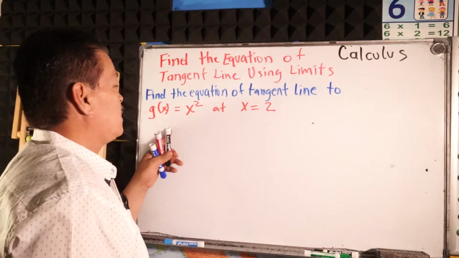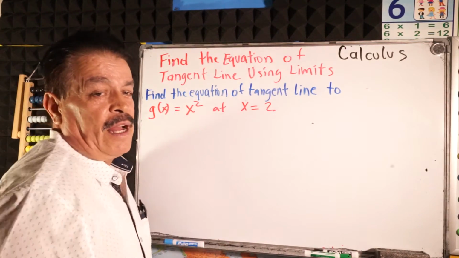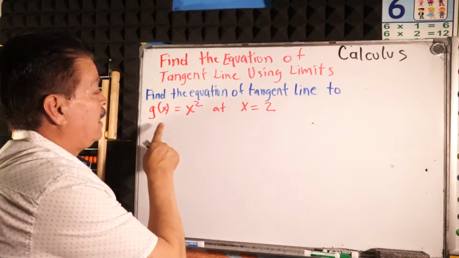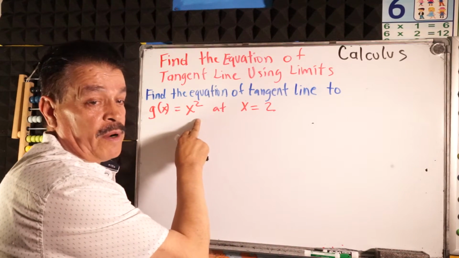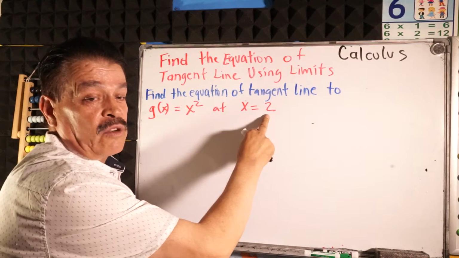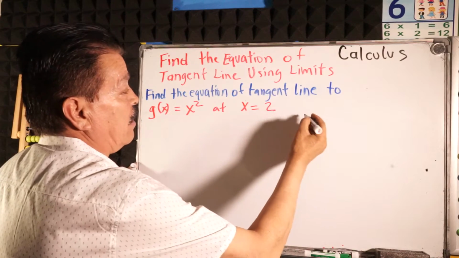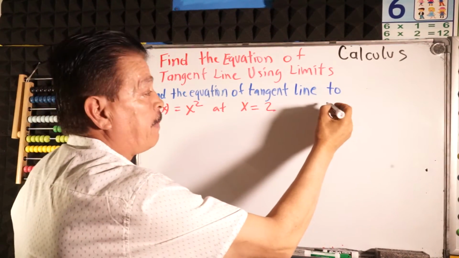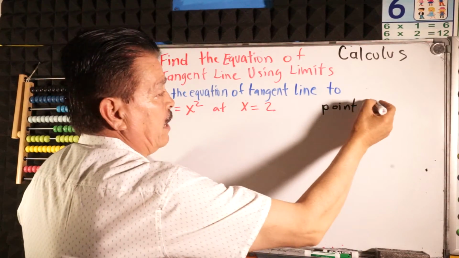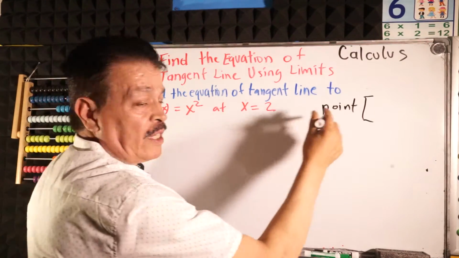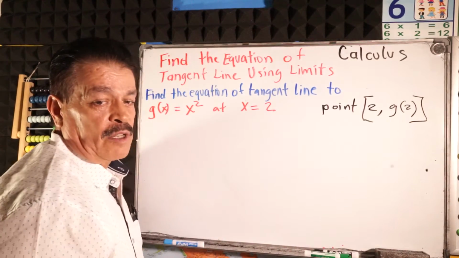Solve this: g of x equals x to the second power at x equals 2. The tangent line to g of x equals x to the second power at x equals 2 is a line that passes through the point 2, g of 2, and has a slope.